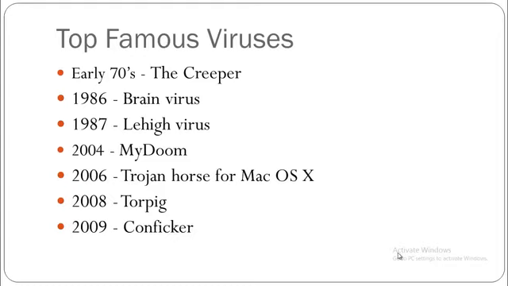After that, we had the Robert Memory virus, the Trojan horse for Mac OS X, Torpig, and Conficker. So these were also important, but we had other different types of viruses such as the Robert Morris worm, which invaded ARPANET computers and disabled 6,000 computers on the network by overflowing their memory banks with copies of itself.